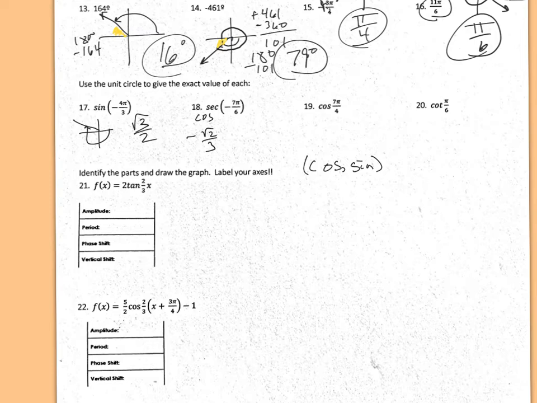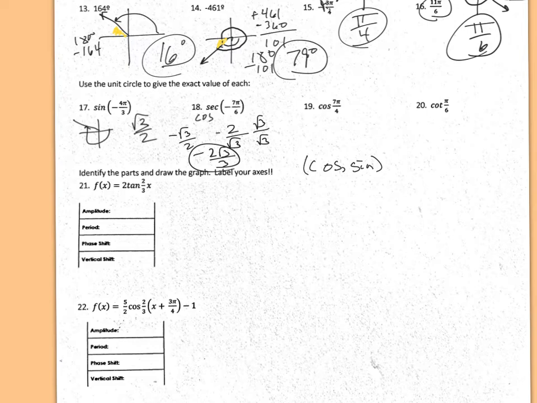Sorry, I'm confusing myself. So the answer flipped over, it's really 2 over radical 3, and it's negative. So we flip this over, we get 2 over radical 3, and then we rationalize this. It stays negative, so this is going to be negative 2 radical 3 over 3.